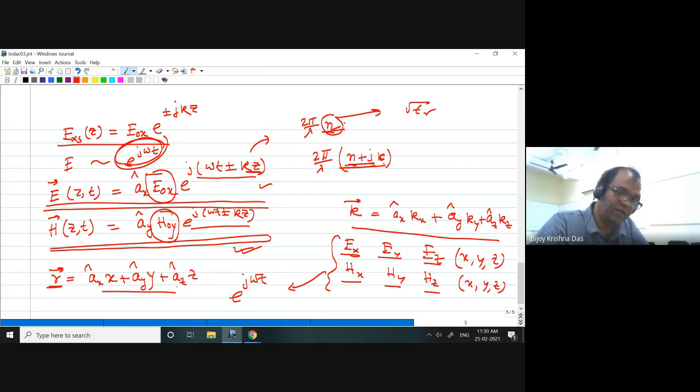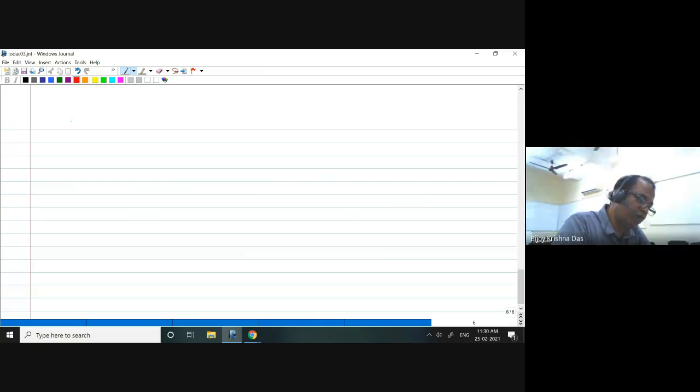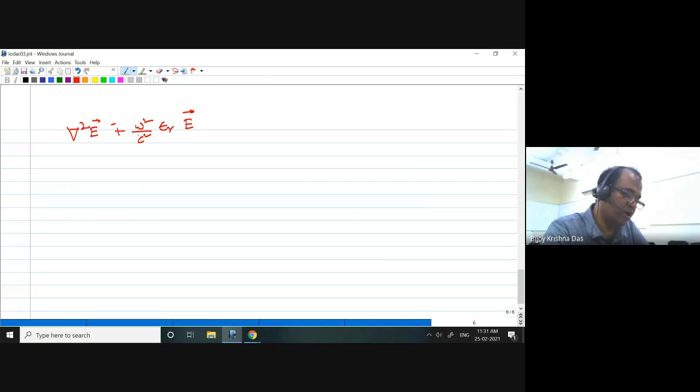So if this is the case, now how will we define our solution for the wave equation I represented earlier? It is like this: del square E plus omega square by c square times epsilon r times E equals 0, right?